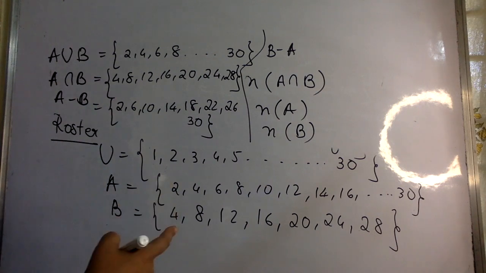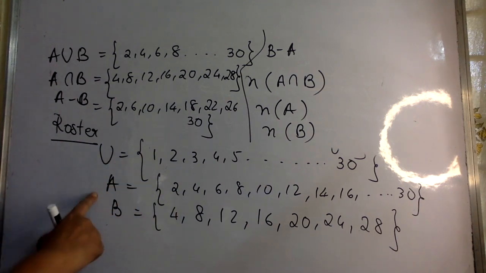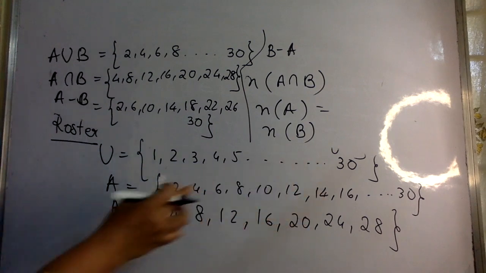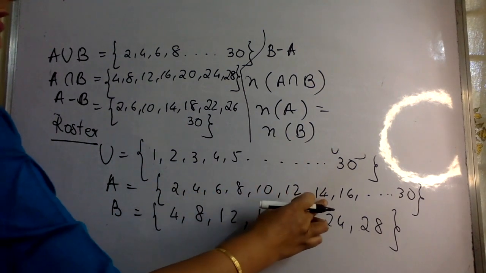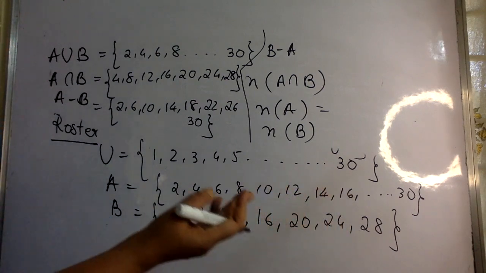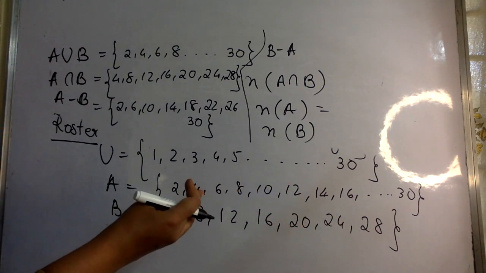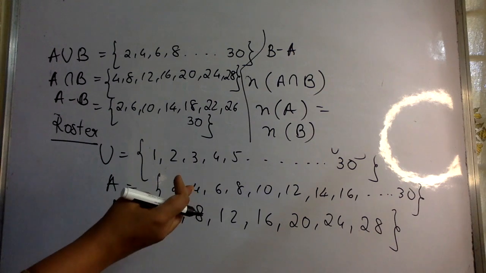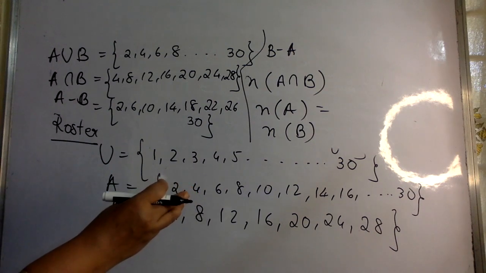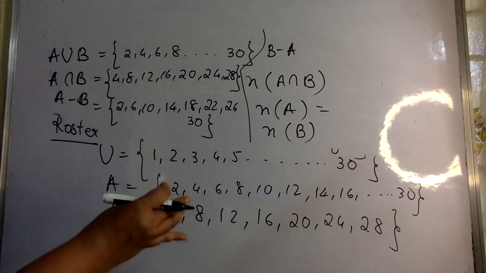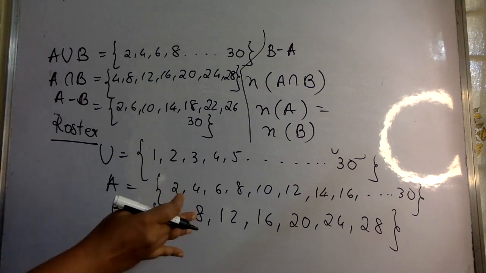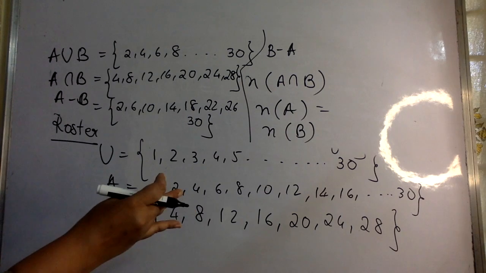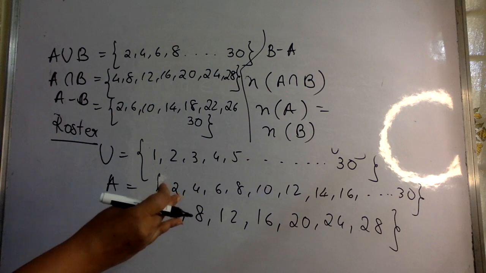Come to the cardinal number of set A. How many elements are there in set A? If we count 1, 2, 3, 4, 5, 6, 7, 8. After this 18, 20, 22, 24, 26, 28 and 30.